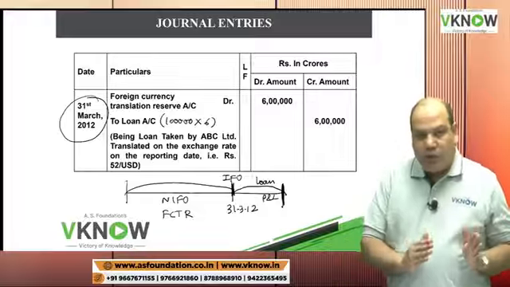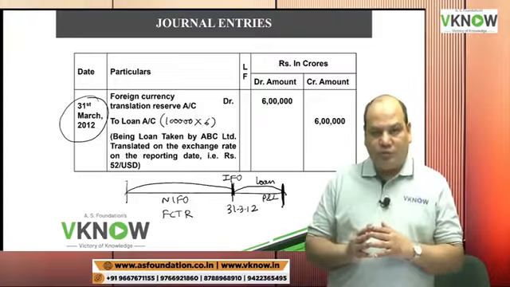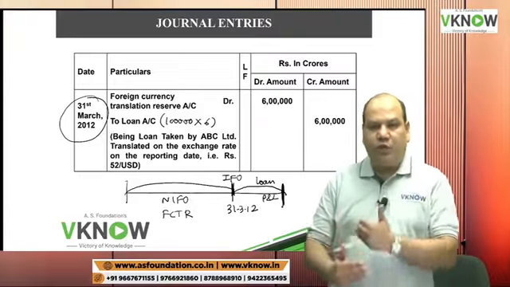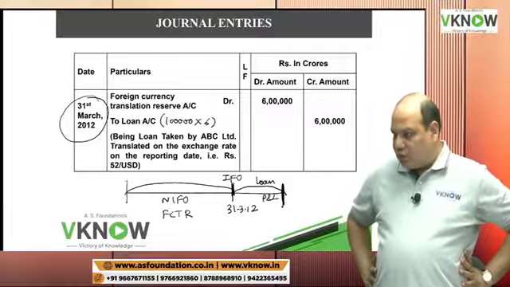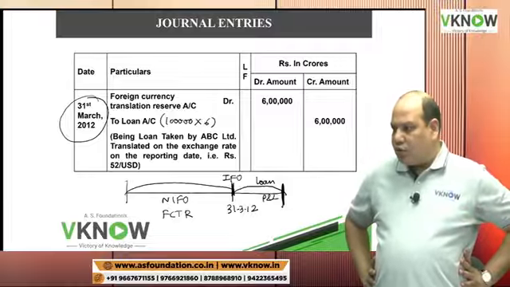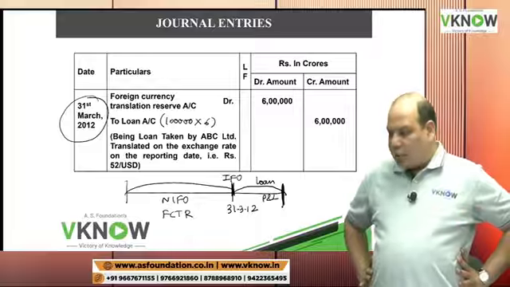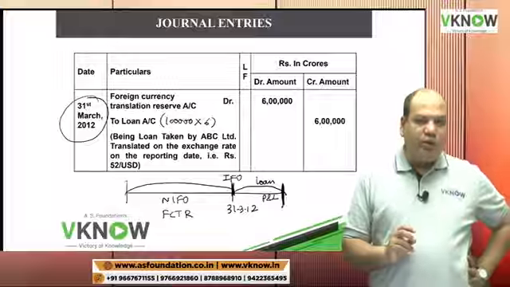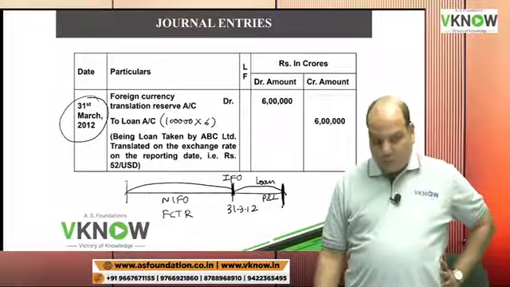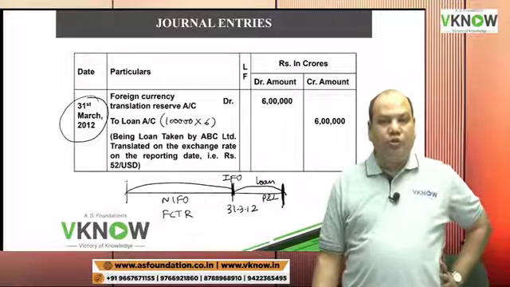After it becomes integral operation, the difference will be transferred to profit and loss account. So write down the entry first: FCTR to loan account 6 lakh. This is what we have done. We have given the effect of what was written in the standard, being loan revalued using closing rate.